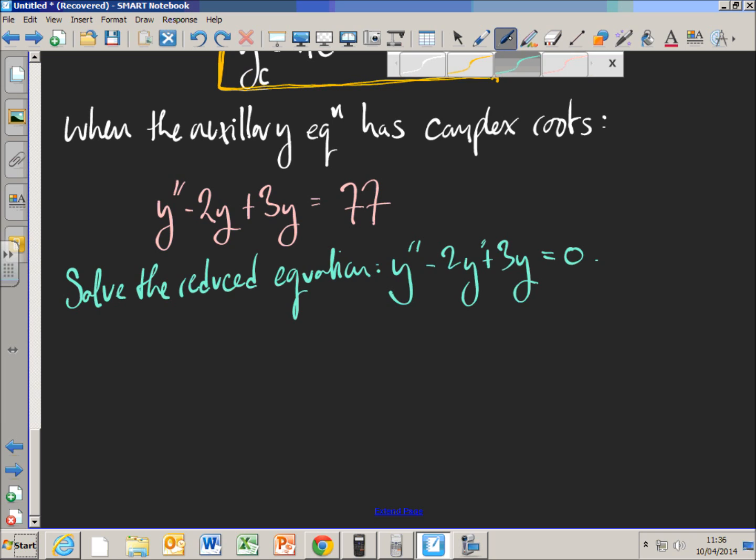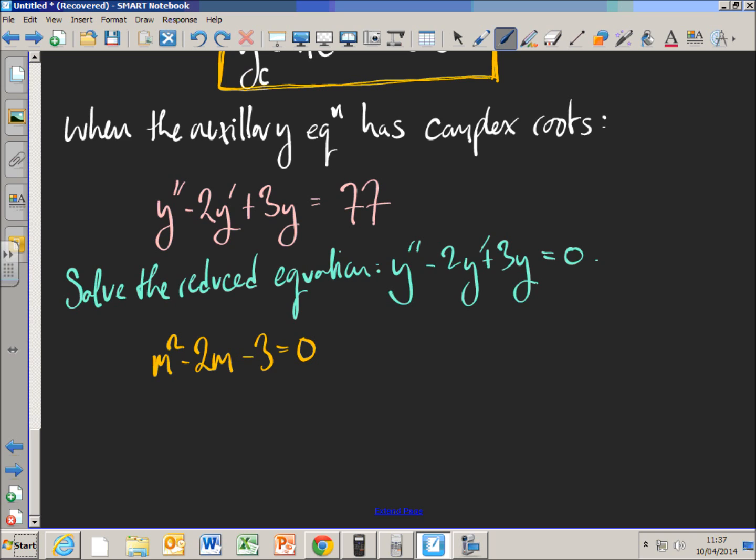Okay, so we go straight to the auxiliary equation, and we get m squared minus 2m plus 3 equals 0.